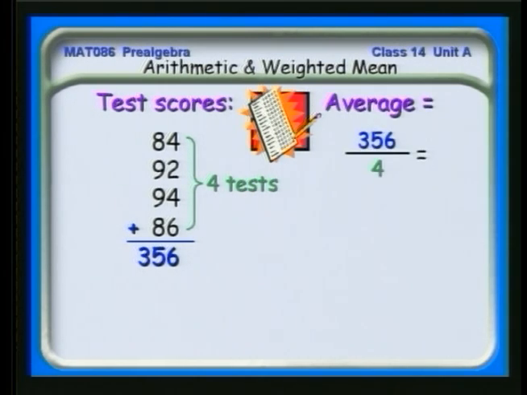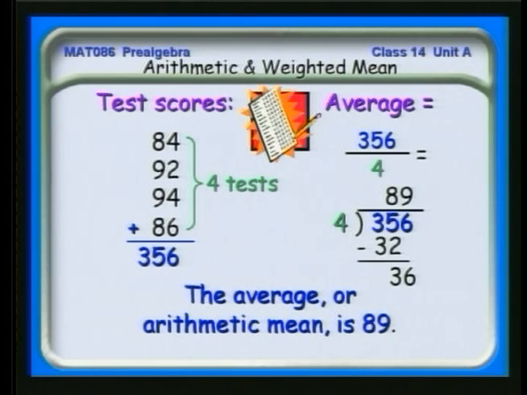The average then equals the sum of all of those grades divided by the number of grades. When I work this out, it works out very nicely, even if you have to do it at long division. I find that the average, or the arithmetic mean in this case, is equal to 89. Your average of those 4 grades is 89.